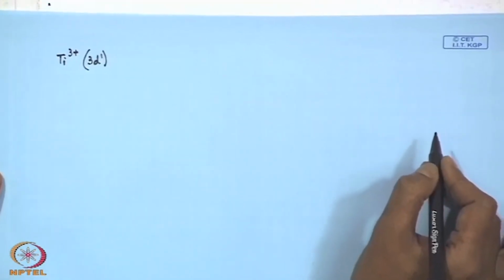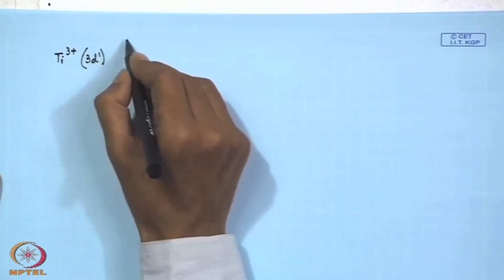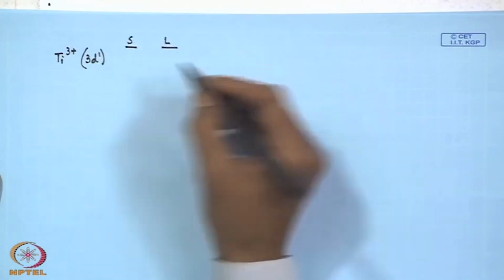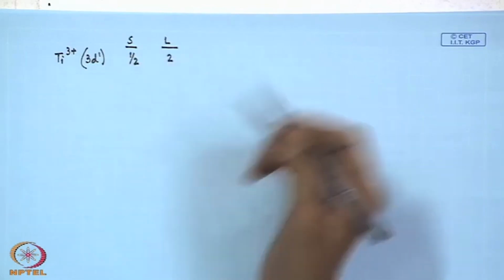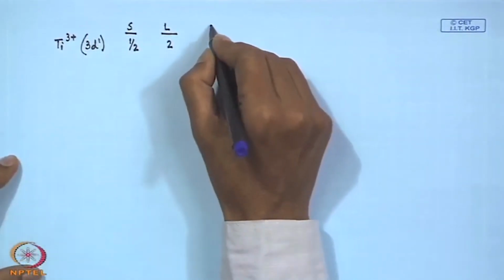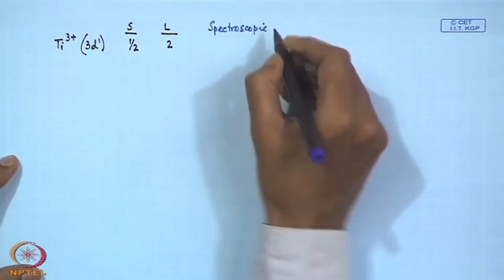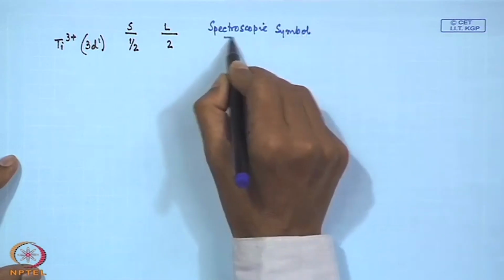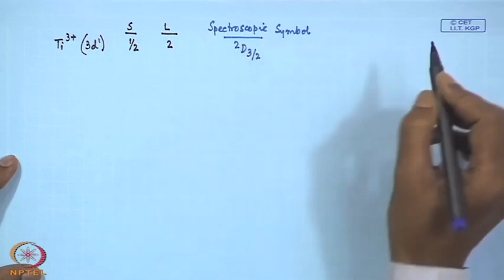which is the 3d1 case, and that 3d1 case gives us the corresponding S value and the corresponding L value. So S is half and L is equal to 2 for the d electron, and the spectroscopic symbol for this would be 2D 3/2.